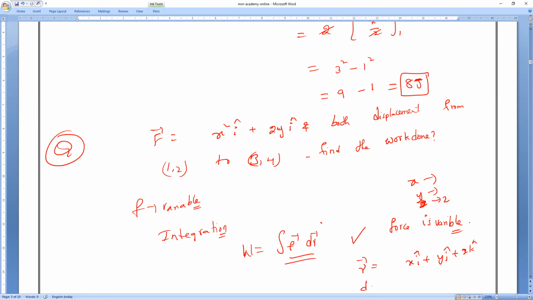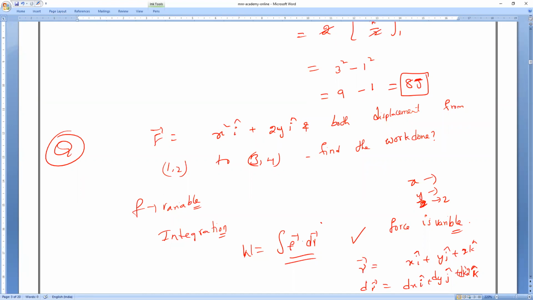If I take the difference, dr, it will turn into dx i cap plus dy j cap plus dz k cap. Sorry, here not dk, dz k cap. Is it okay, guys?